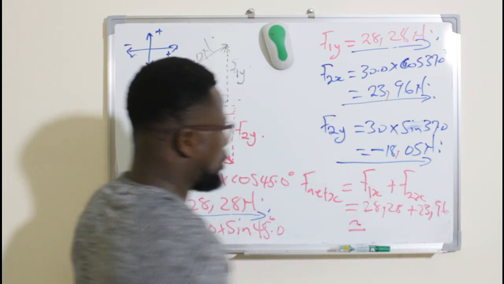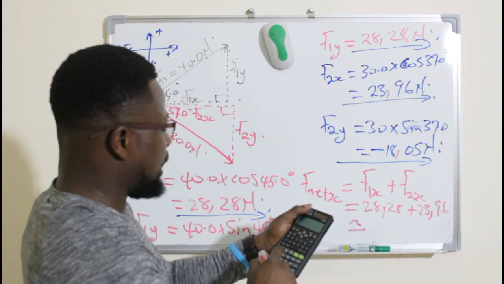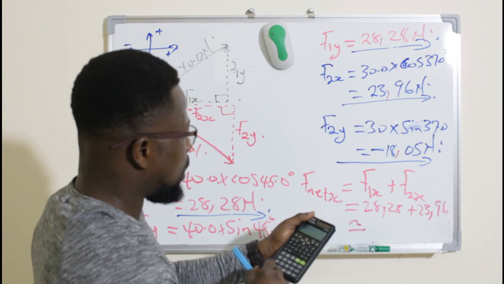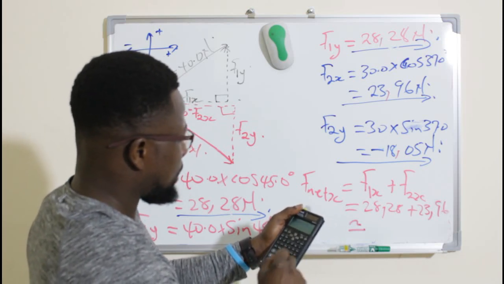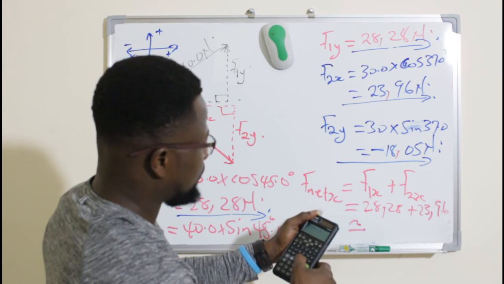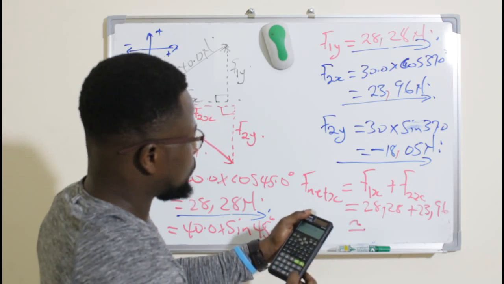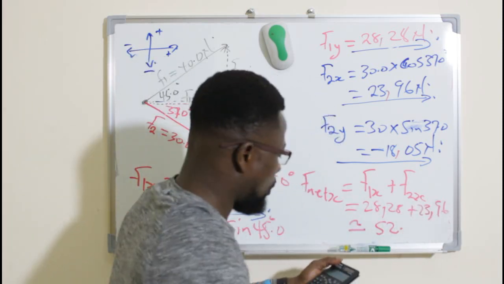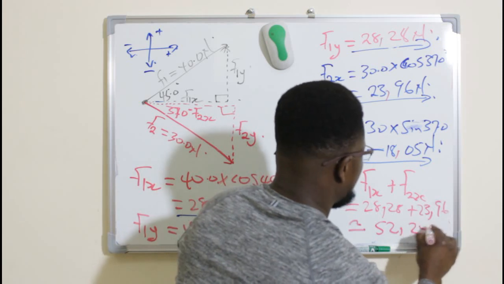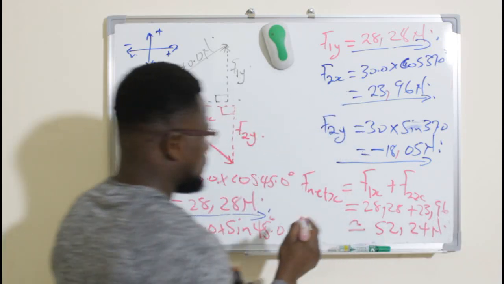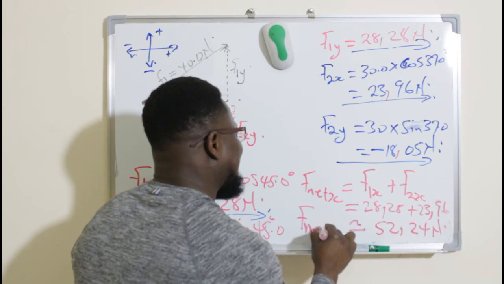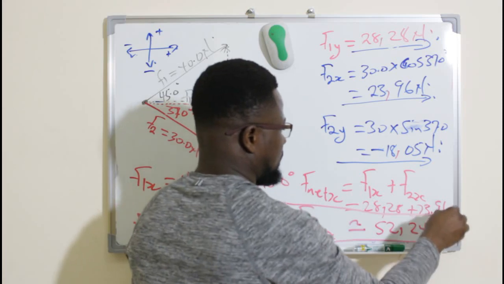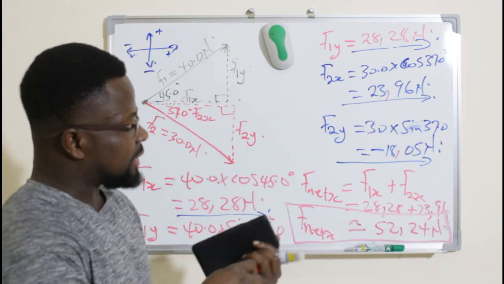So let's work that out. 28.28 plus 23.96, and finally we expect to have 52.24 newtons. So the F net in the x direction is this.